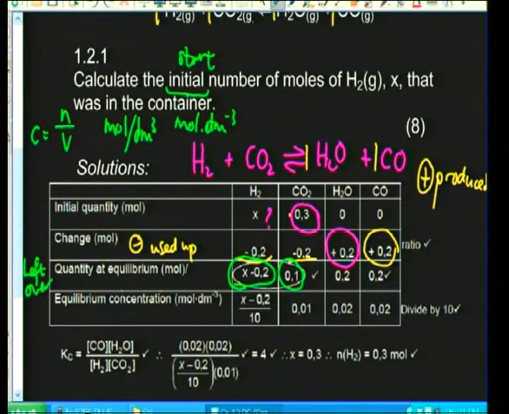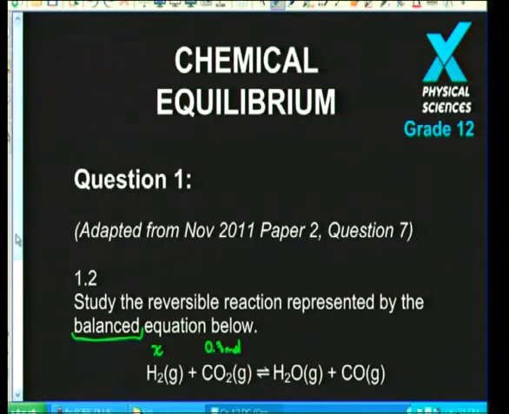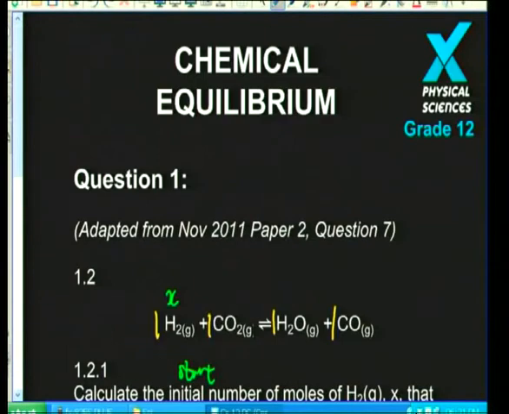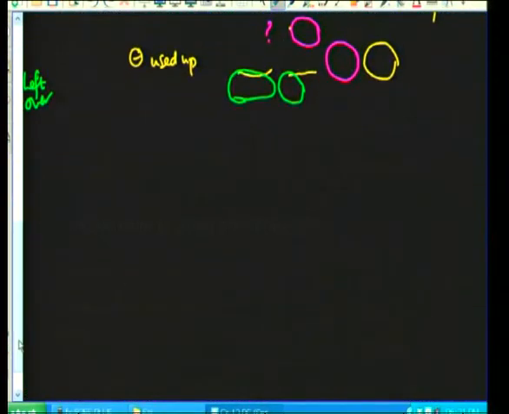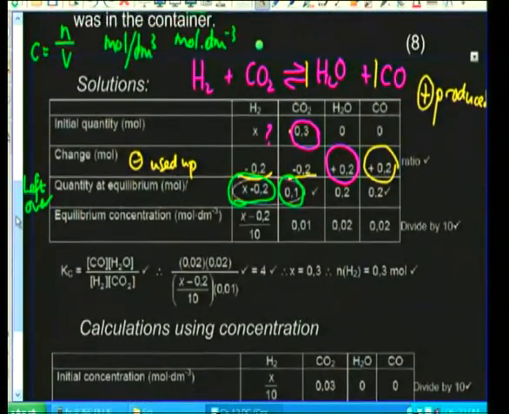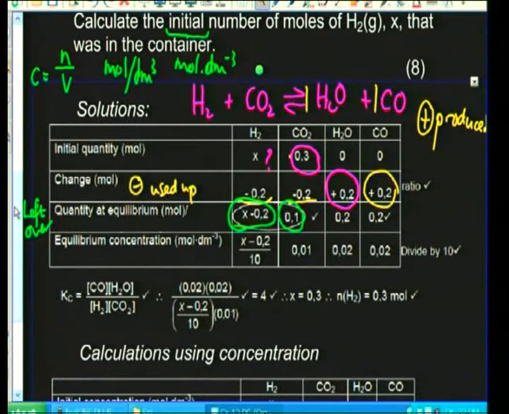Remember I said to you we had information in our first initial question that said the sealed container was 10 cubic decimeters. So I'm going to take that value and use it over here. Sorry, my question keeps going away. I'm going to use it as I work out what the concentration would be.